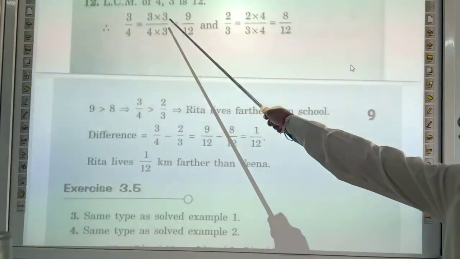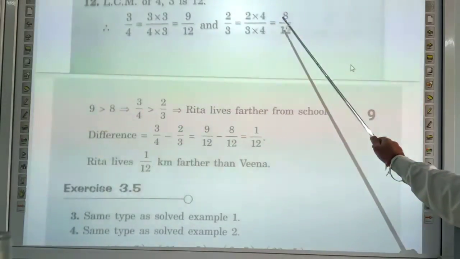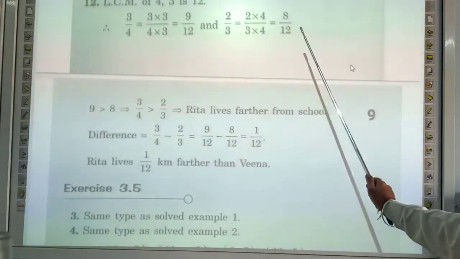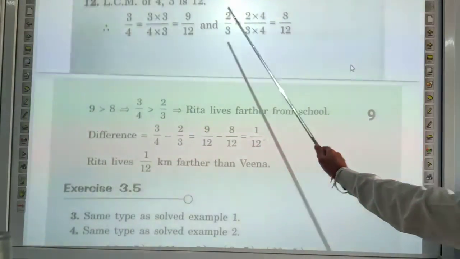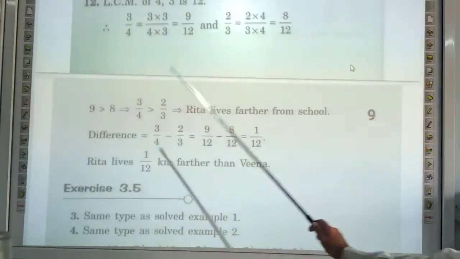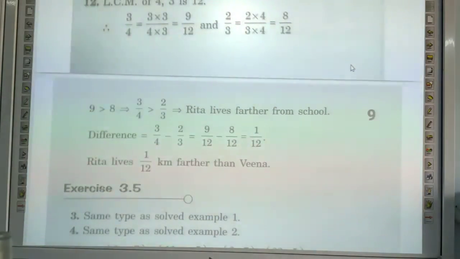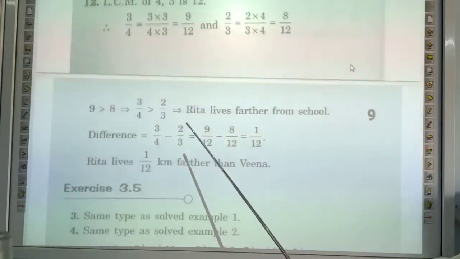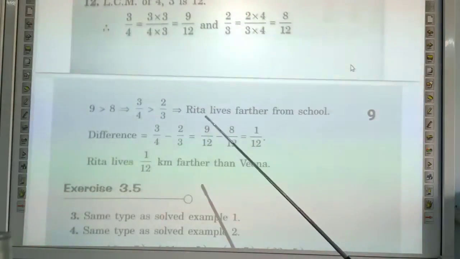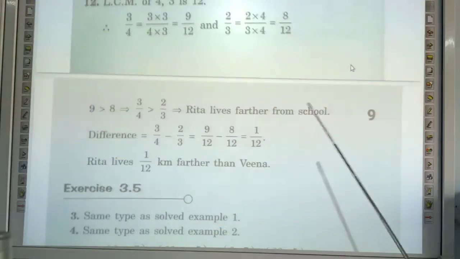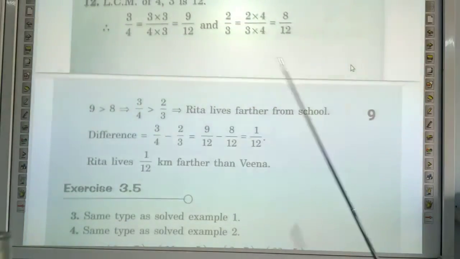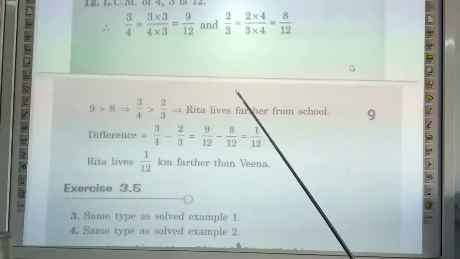So here we have obtained 9 upon 12 and for the second rational number we have obtained 8 upon 12, and after obtaining these two equivalent fractions we clearly observe that 9 is greater than 8, which means that 3 upon 4 is greater than 2 upon 3, and it means that Rita lives farther from school, means her distance from school is more.